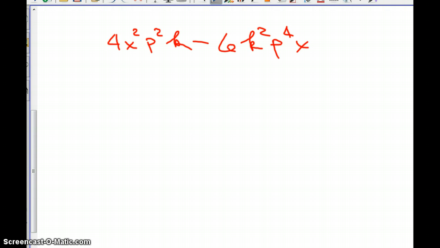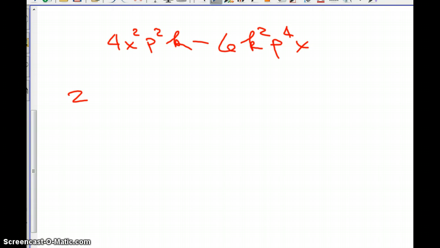Okay, what is common to both of those terms numerically? A 2. It's the biggest number that will go into both the 4 and the 6. 4 goes into 4, but it doesn't go into 6 evenly. So a 2 does, which means we'll just leave that 2 there.